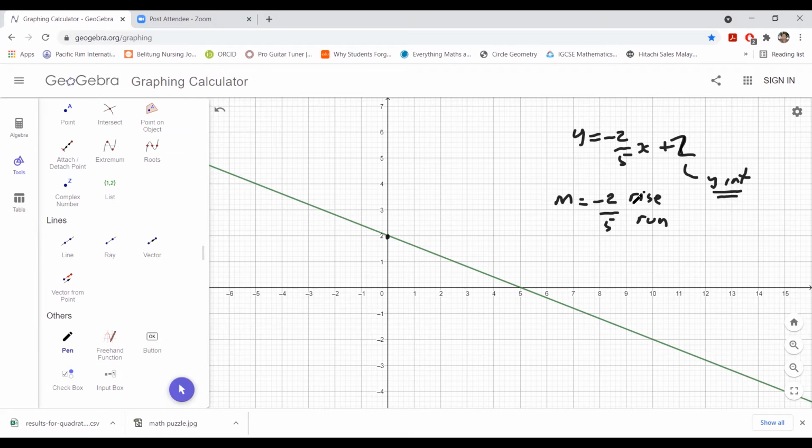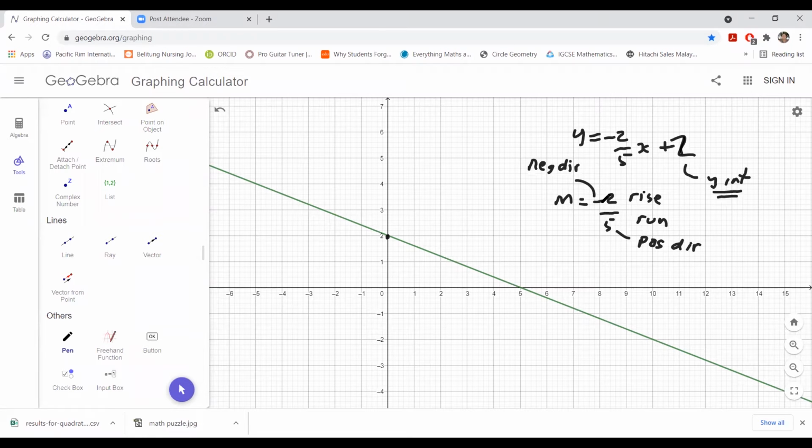So you're not going to go up, are you? You're going to go down because it's a negative number. So this is telling you to go down 2 units, but go across positive 5 units. So this is negative direction, and this is positive direction. So we go down 2.